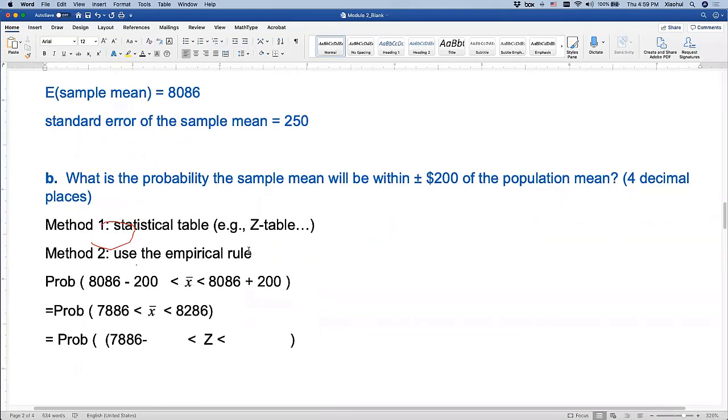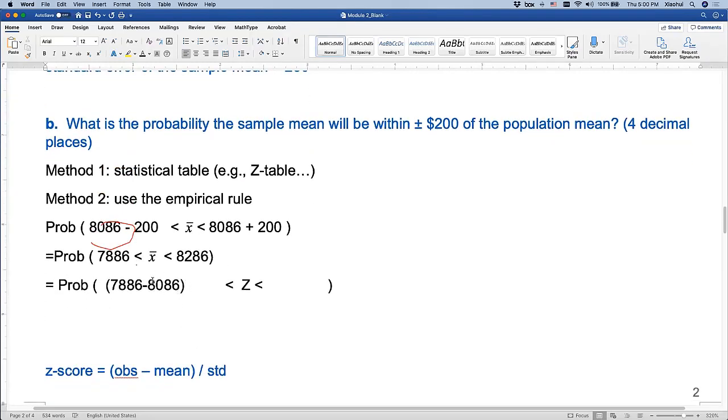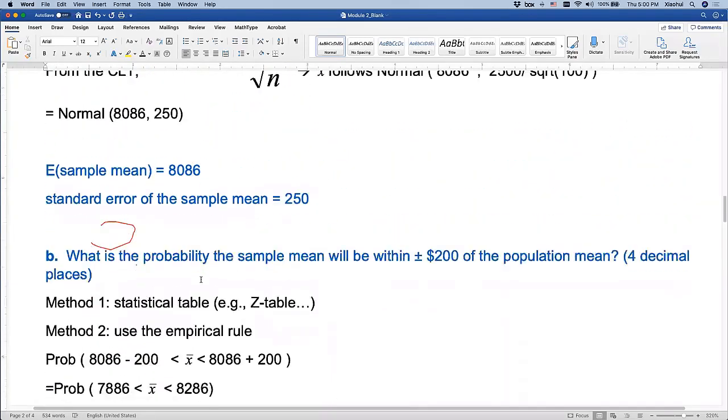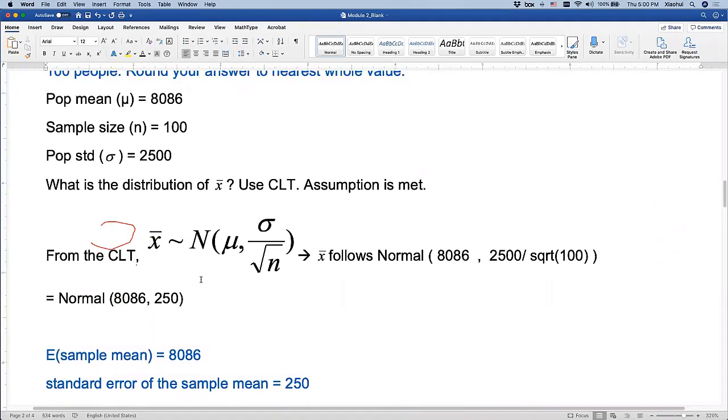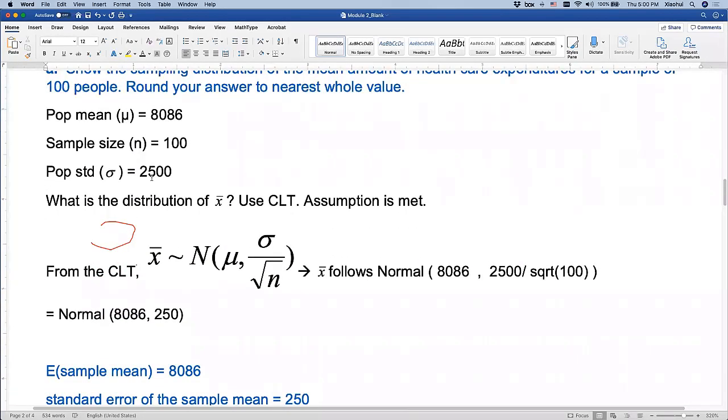This part is a little bit tricky, very, very important. So observation minus the mean. I have to divide it by a standard deviation here. Now I want you to think very carefully about which standard deviation I want to divide by. We have a bunch of standard deviations here. Let's take a look. We have the population standard deviation.